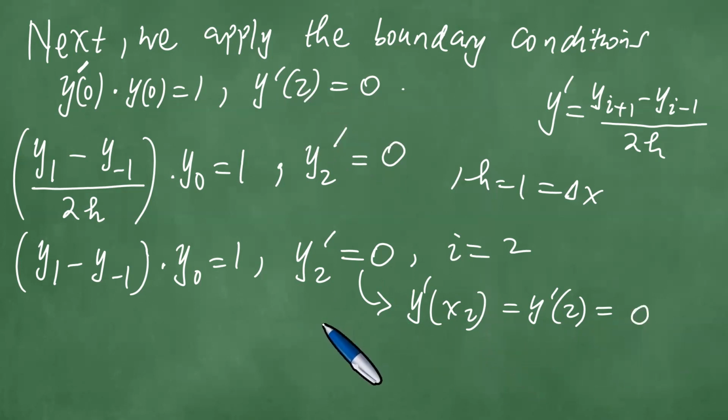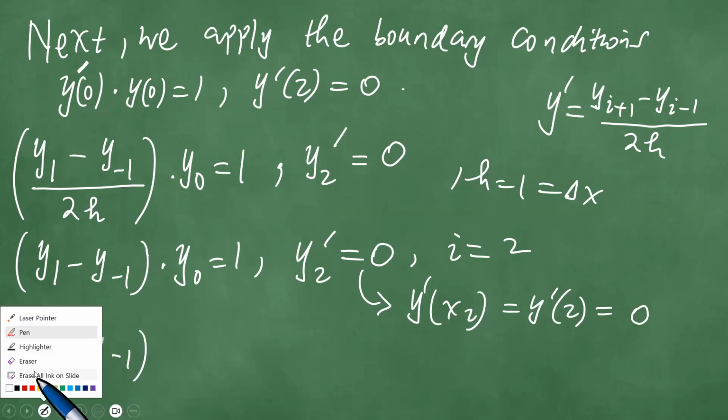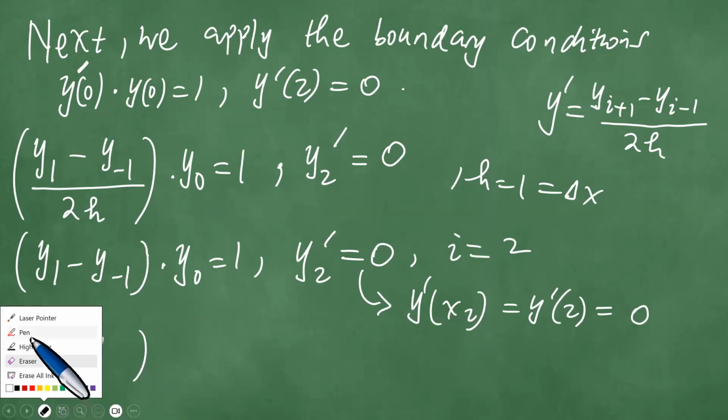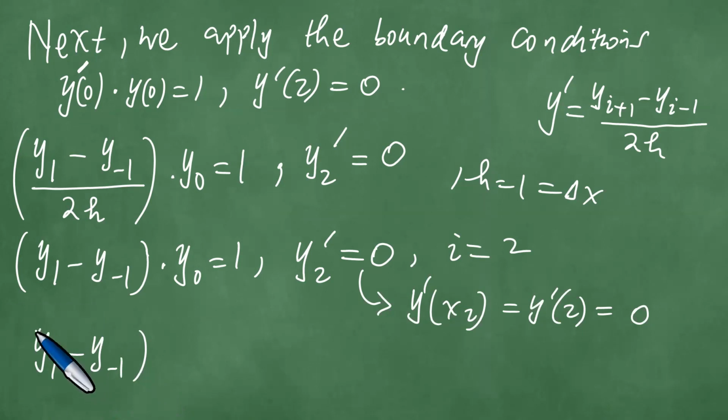Okay, that is telling us something about the i here, that i is 2, and then we can be able to compute y1 minus y minus 1, subscript. So we have this one is y0, 1.